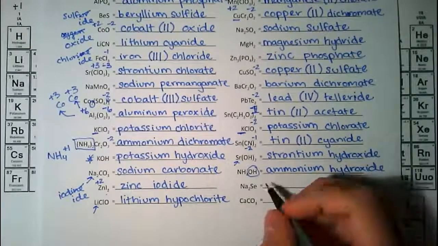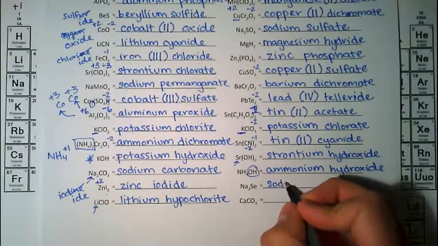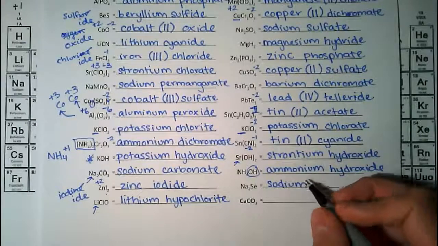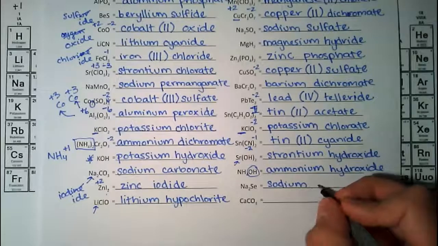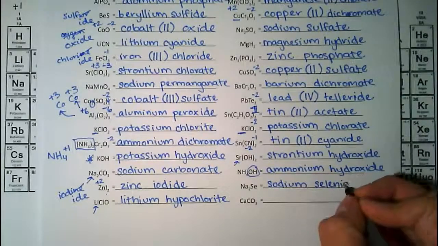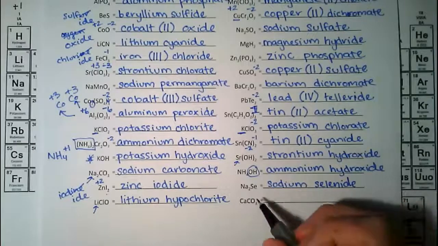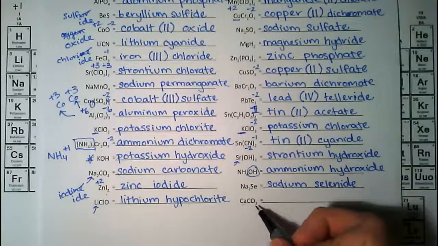Getting close to the end here, we have Na2Se, so sodium is a main group metal. And then Se is selenium, but we are going to change that ending to ide, so it's going to be selenide. Sodium selenide. Sounds a little funky. Sodium selenide. Last, we have calcium.